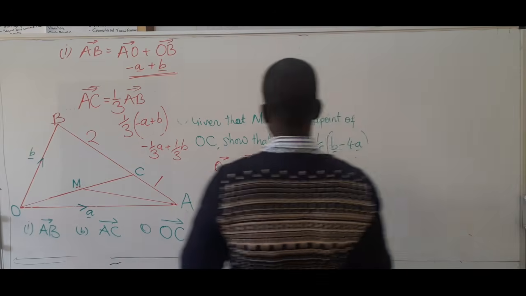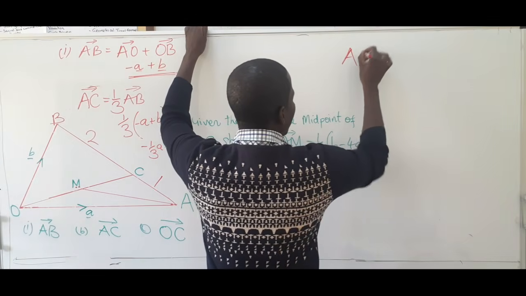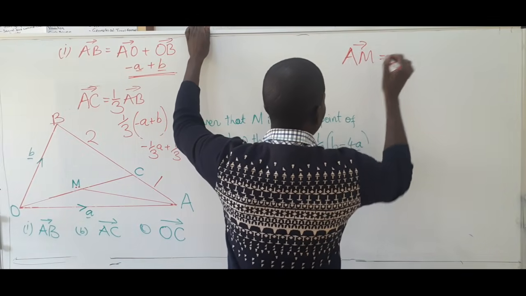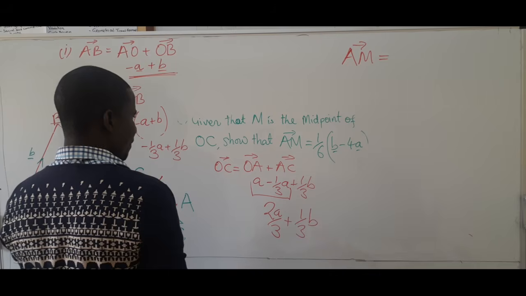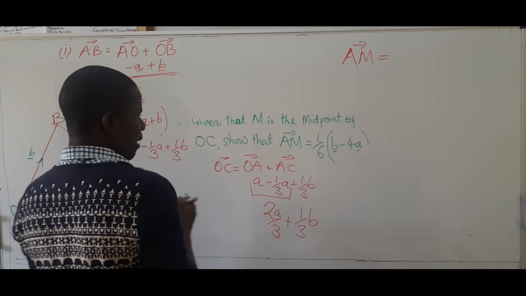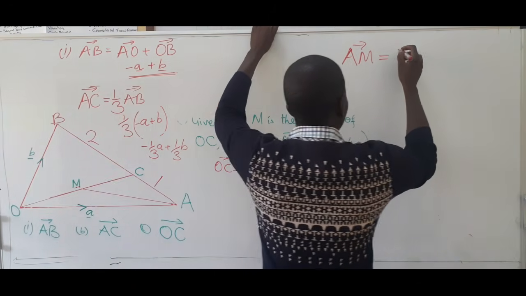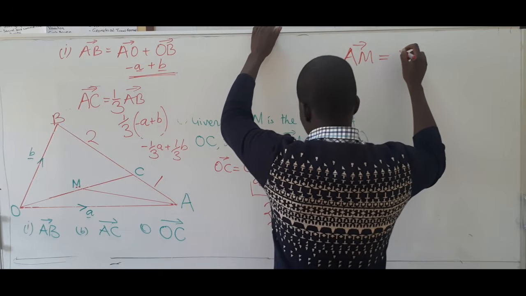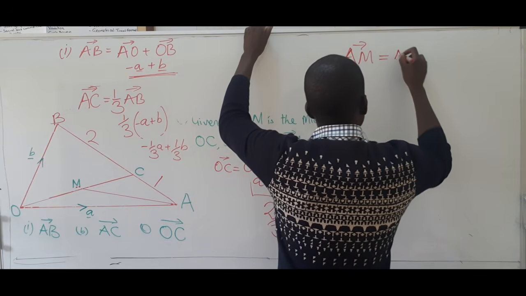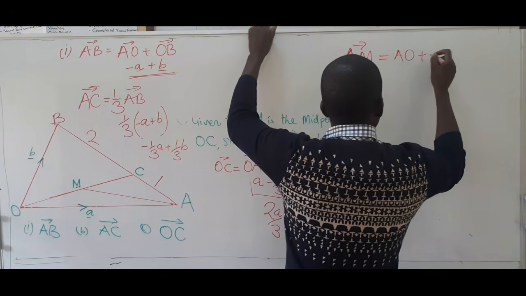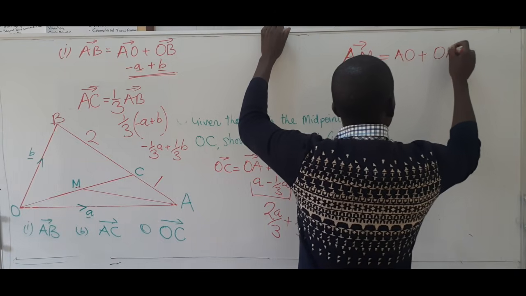So AM. AM is equal to what? AM is equal to AO plus OM.